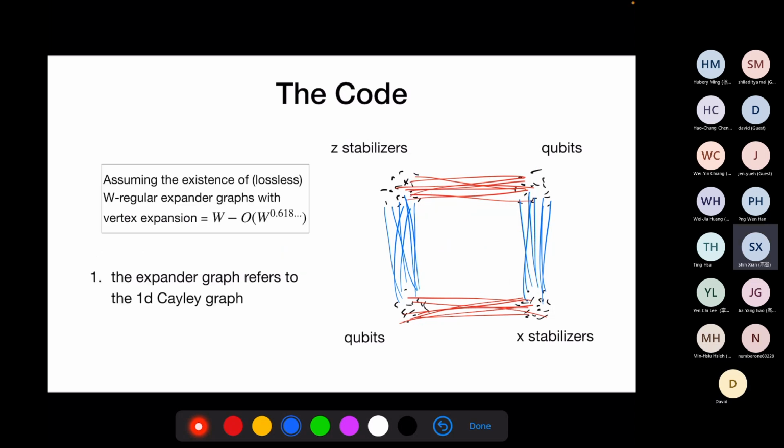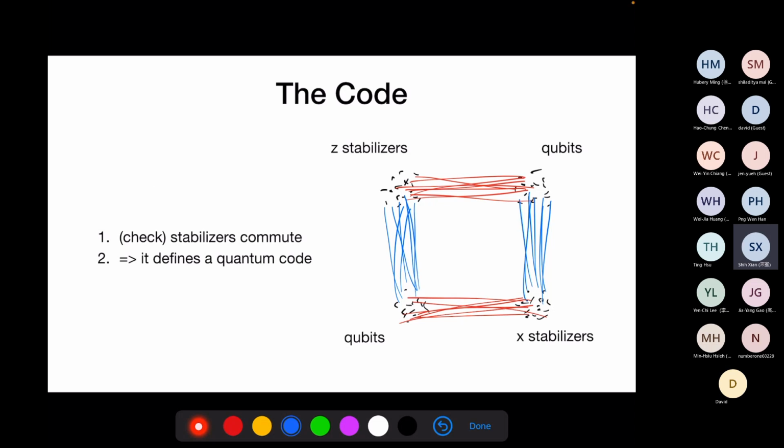So one point in the qubits on this graph is representing a state in the code space.